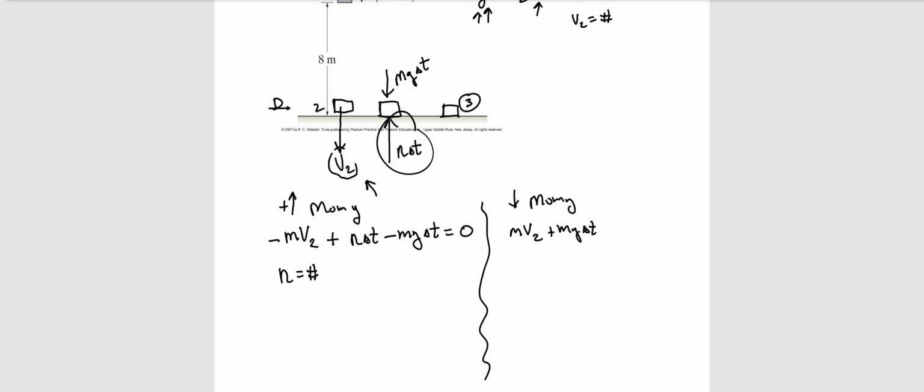The impulse from the normal is now in the other direction, so minus N delta t. In picture 3 we have no momentum, so equals 0. And you would solve this for the normal. You're going to get the same value, even the same sign out of this.